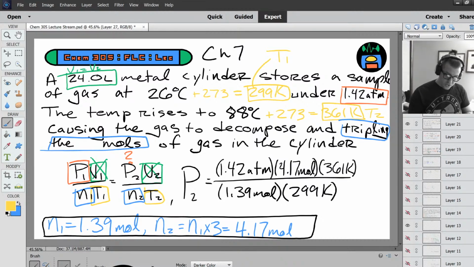Now, when you look at your units, we have Kelvin canceling Kelvin, moles cancel moles. We're left with atmospheres, which is what we're after.